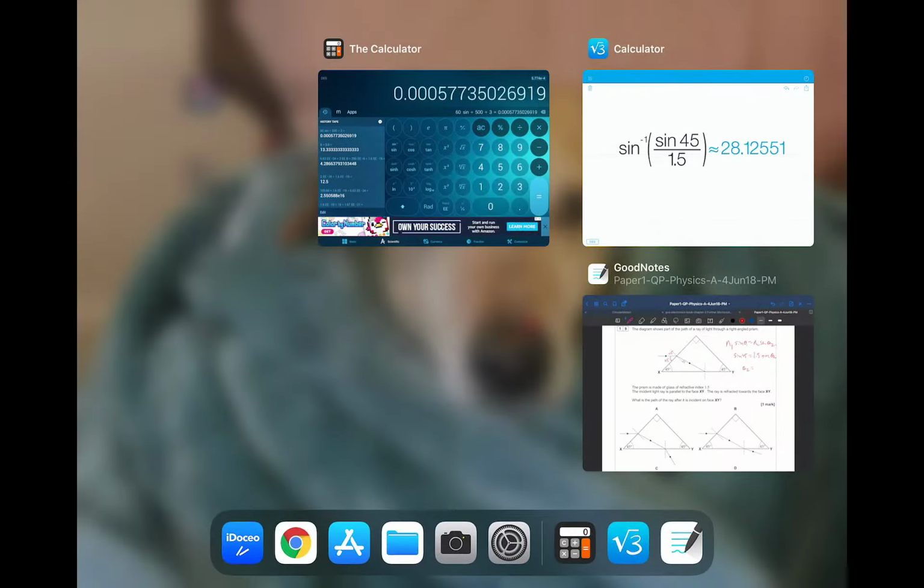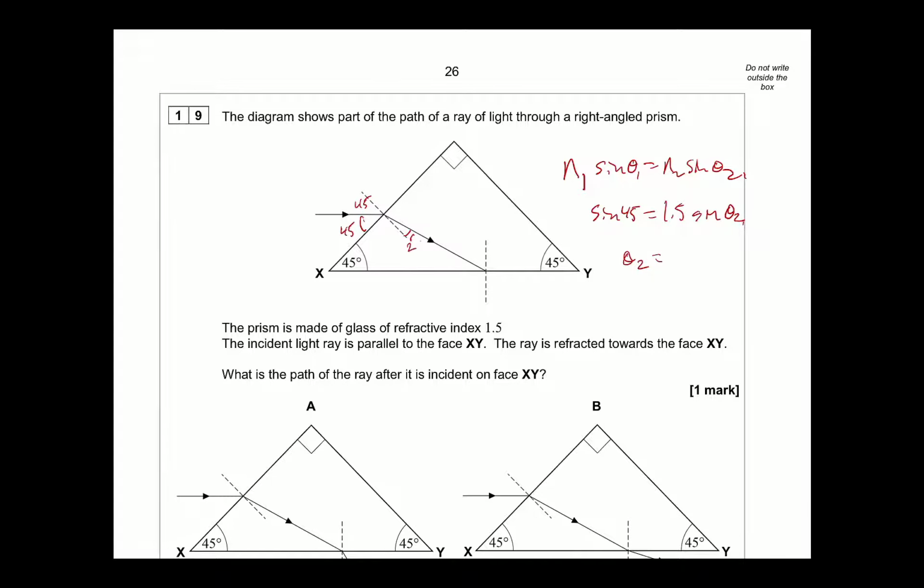It's 28. So this angle here is 180 minus 45 minus 90 minus 28.